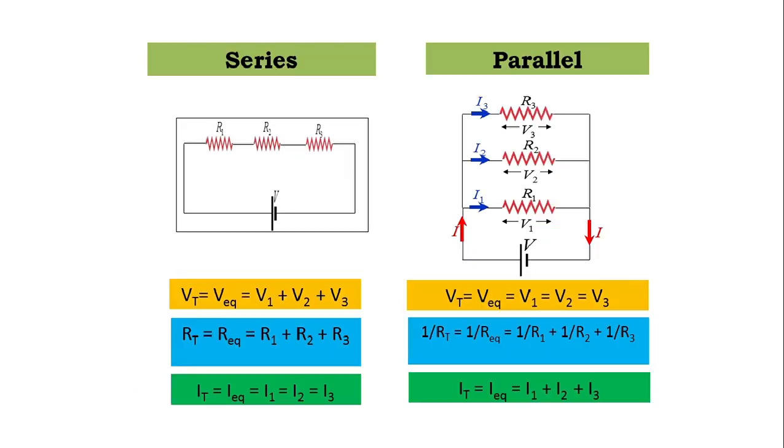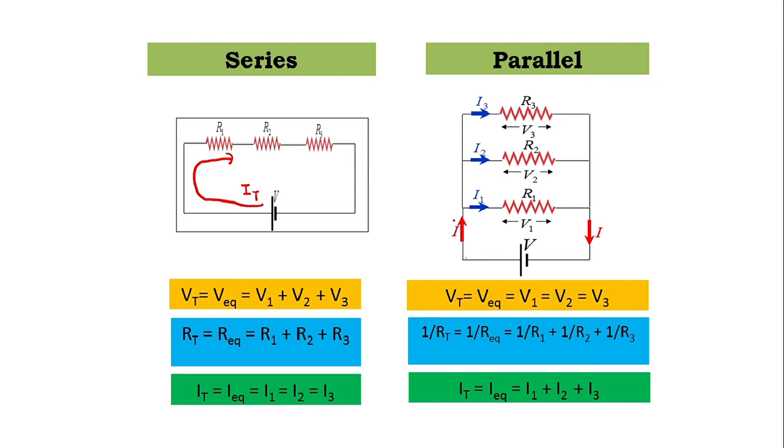Okay, so ini dia punya summary-nya. Kalau in series, voltage-nya tak sama, resistance tak sama, tetapi I-nya sama. Maksudnya I current yang mengalir ni adalah I yang sama, I total. Tapi in parallel I-nya tak sama, voltage adalah sama.